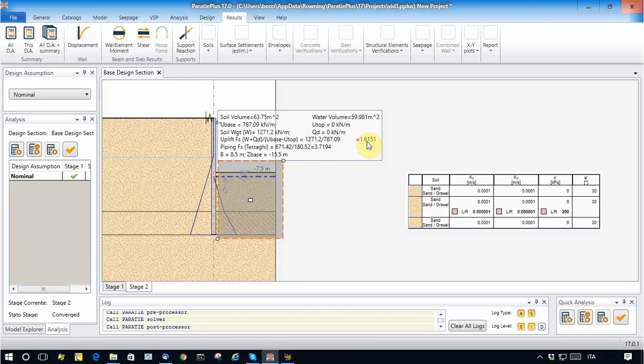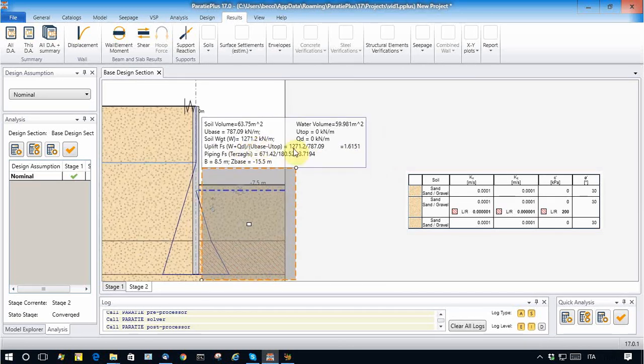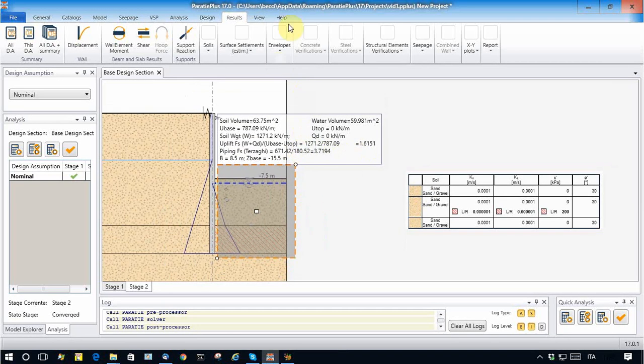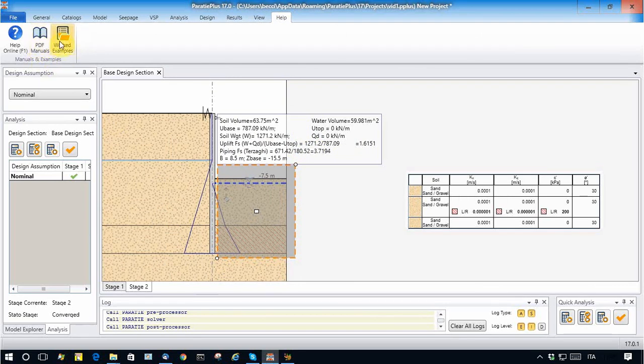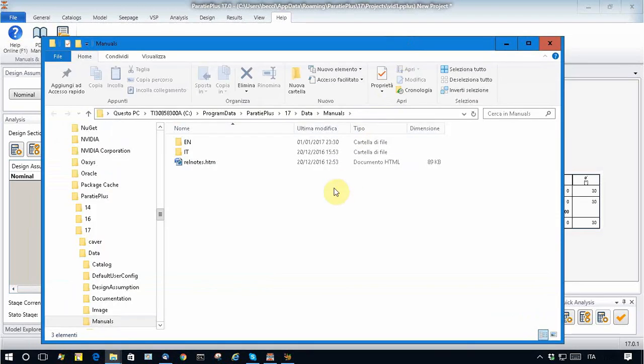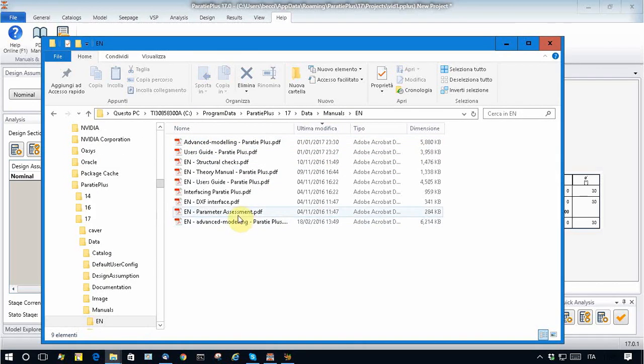In this case we have a 1.6 safety factor, that for a temporary work may be good. We remember that Eurocode may require about 1.1. And also the piping safety factor is computed. The piping safety factor is the factor that is normally used to calculate the safety with respect to the piping condition. This is explained in the user guide manual.